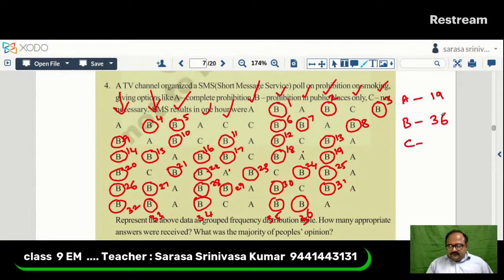So the frequency of option B, that is prohibition in public places only, is 36.